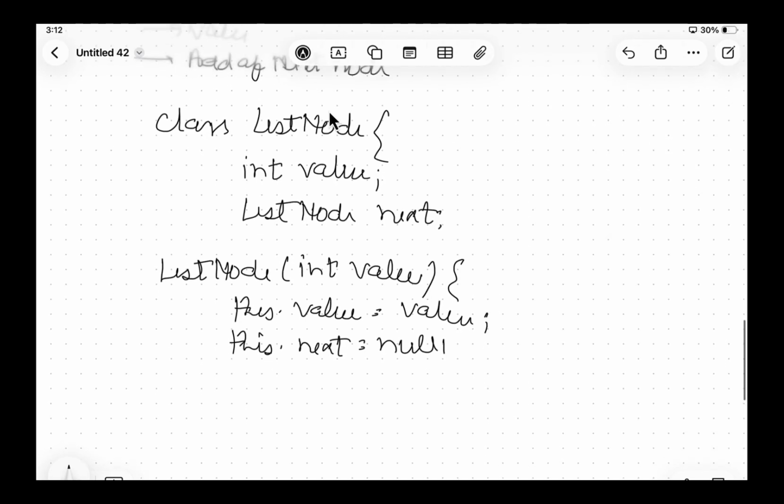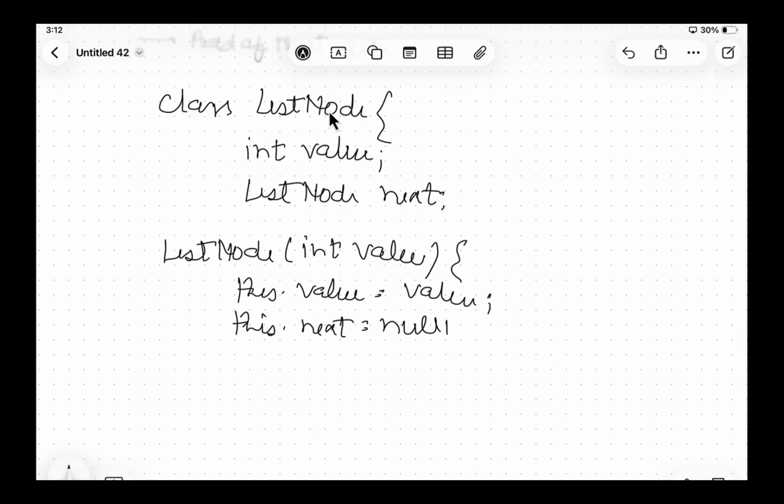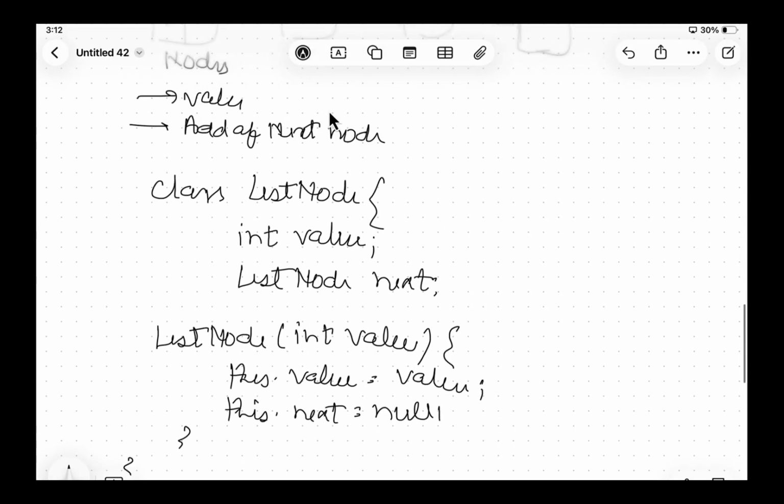This is the basic structure of one node in a linked list. So remember that.